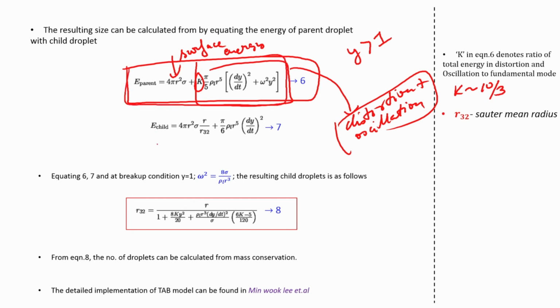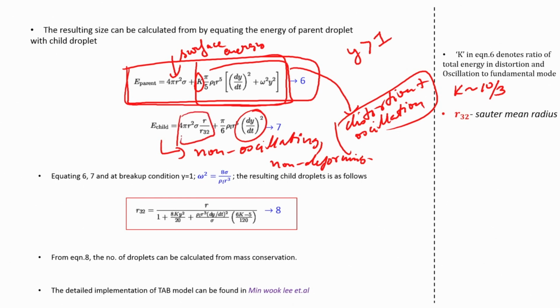What is the total energy of the child droplet? The child droplet is assumed to be non-oscillating and non-deforming. Okay. The child droplet non-deforming means non-distorting essentially. Okay. So, this particular component comes from the kinetic energy of the droplet, right, because as it atomizes, it basically spits out the droplet, right, and on the other hand this energy comes from the corresponding surface energy, right.